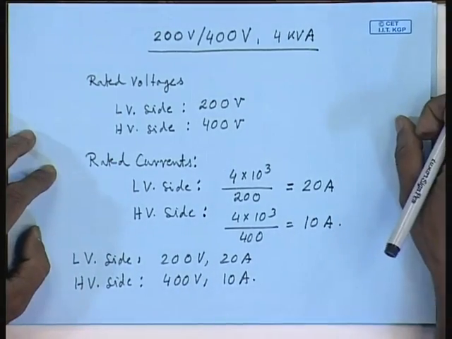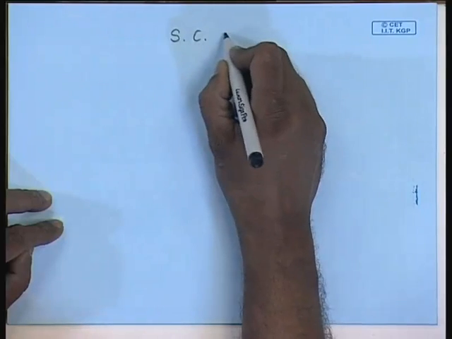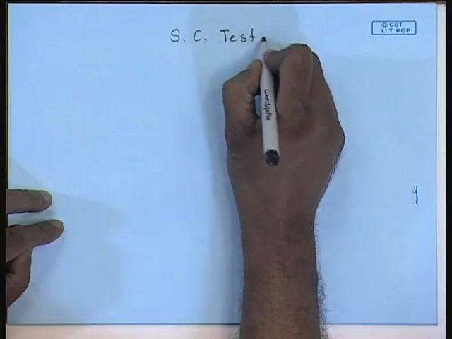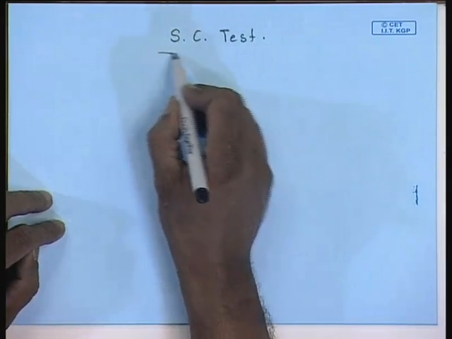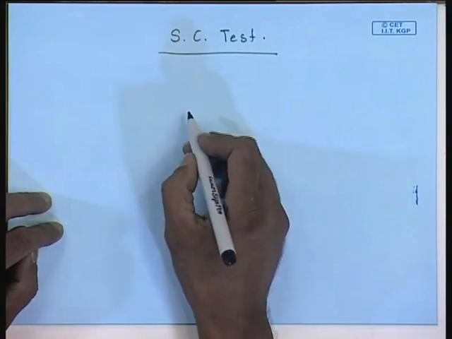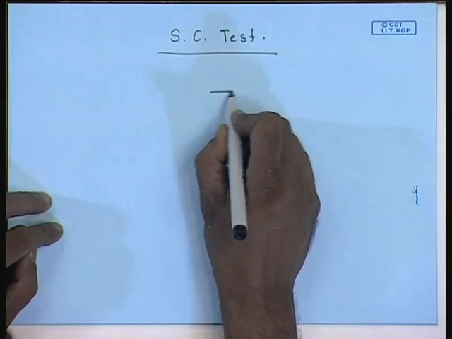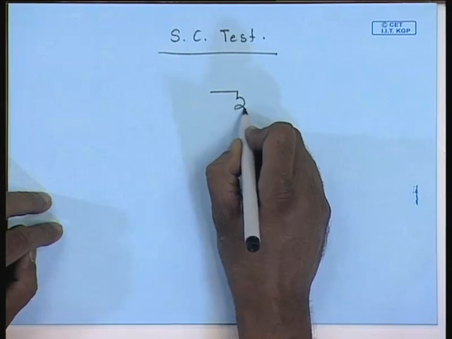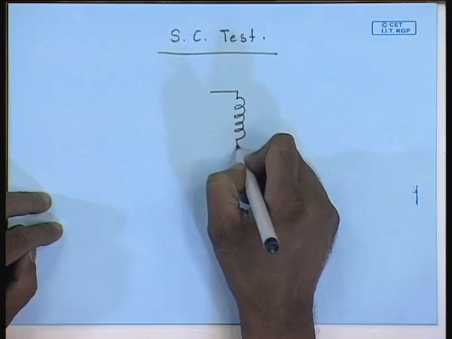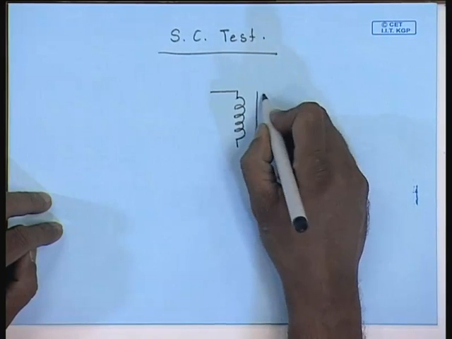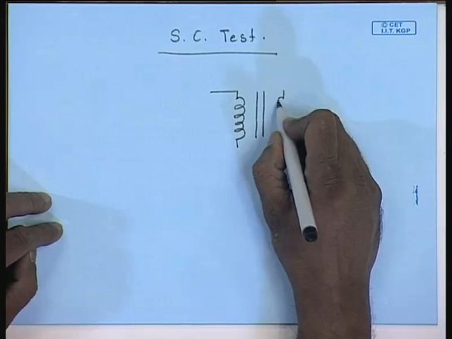Let us look at the first, the short circuit test. This is done on the HV side. So, it will be done on the 400 volt side, with the 200 volt side shorted.